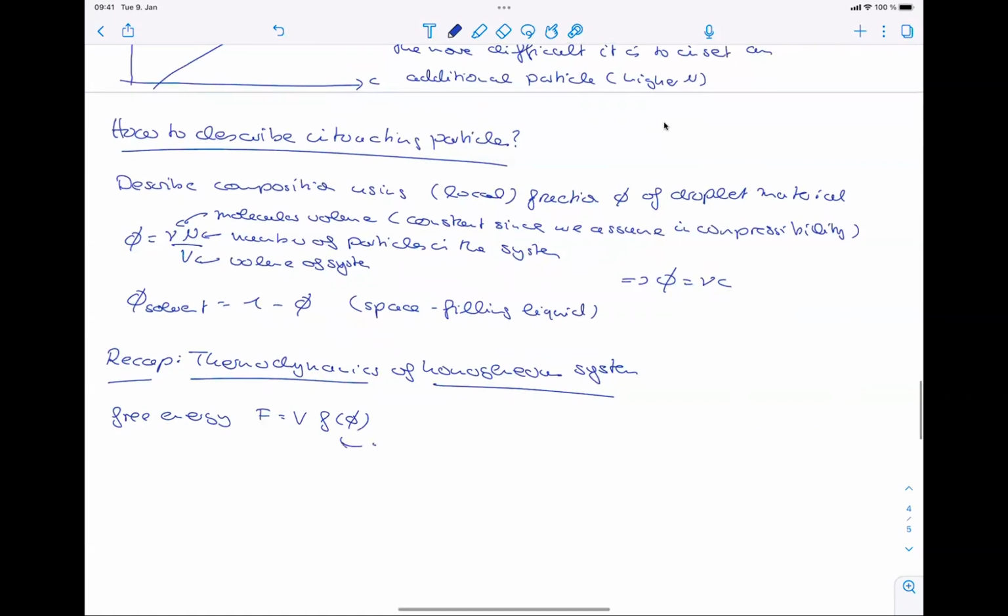And so this now has the entropic and enthalpic behavior. And in principle, this can be a different choice depending on what I want to look at, but the typical choice would be the Flory-Huggins.